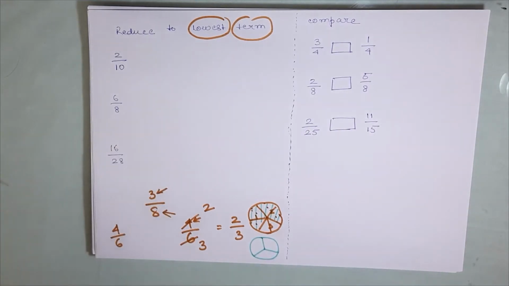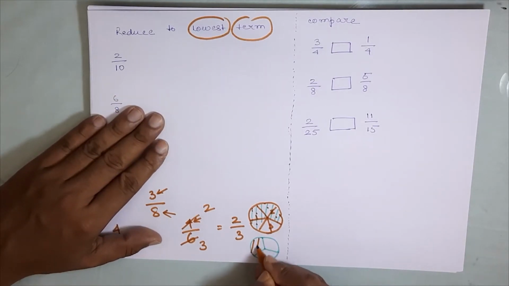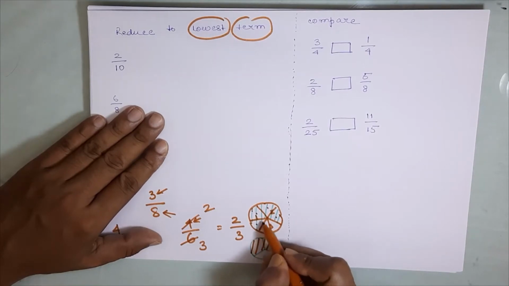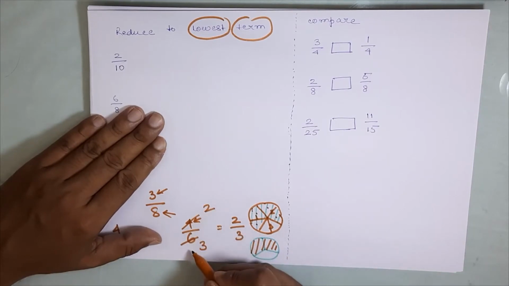So 2 out of 3, if we represent it here, is this portion. See, 4 out of 6 and 2 out of 3 is the same portion, isn't it? And we do it by dividing the numerator and denominator by a common factor.